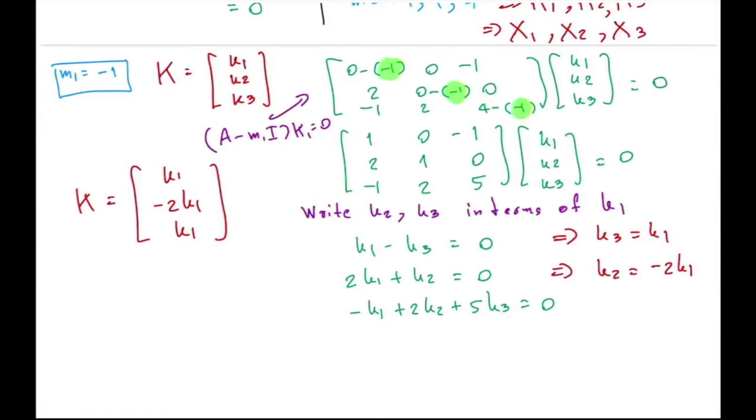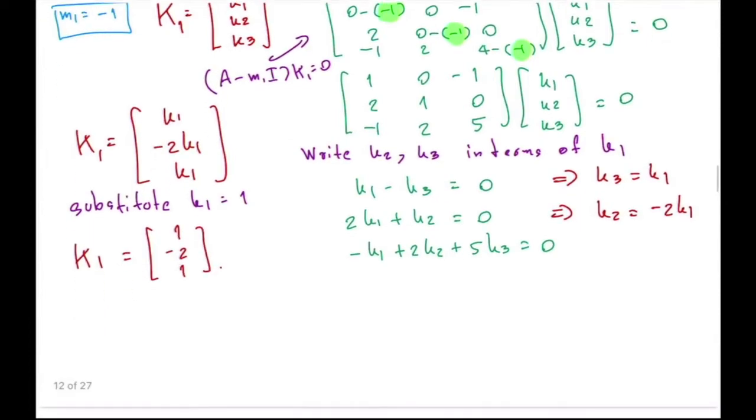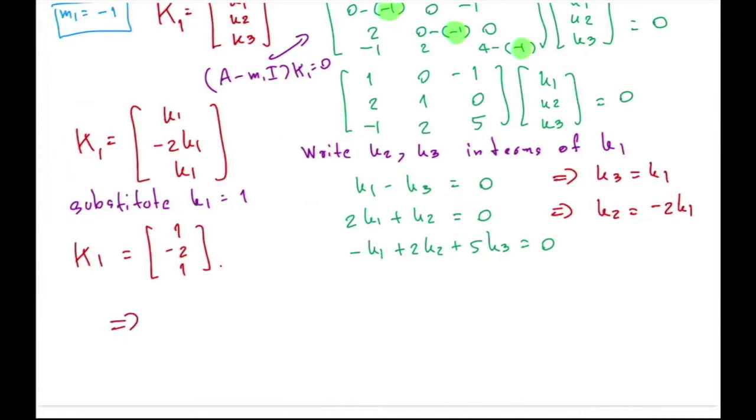And then you can just substitute K1 with 1. So right now you have K1 is 1, minus 2, and 1, which means that you have x1 as K1, which is 1, minus 2, and 1, e to the m1 t, which is minus 1 t, and that is x1.